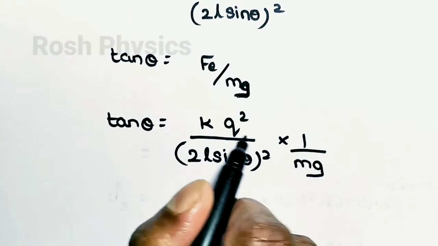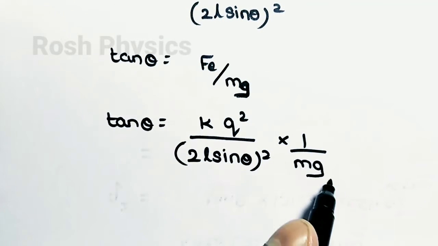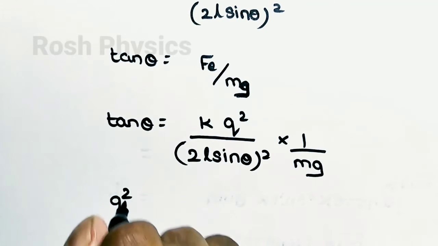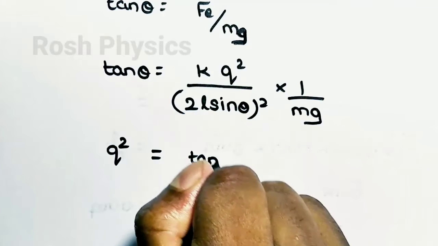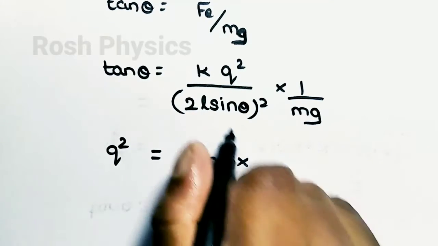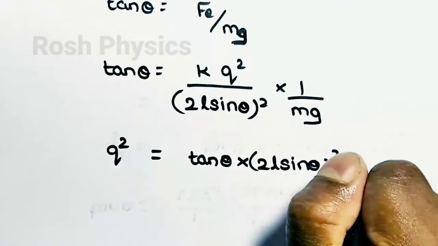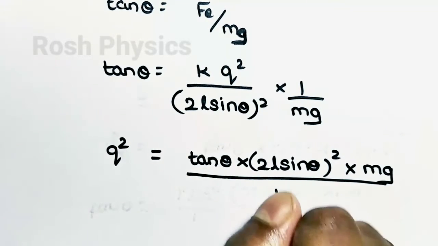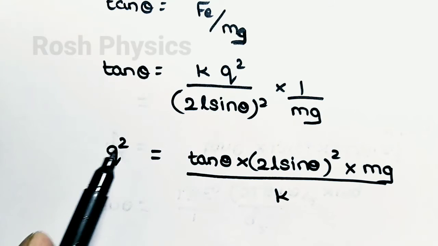I need only q, so I'm taking all those terms to the other side. The value changes into q square equal to tan theta into 2L sin theta the whole square into mg divided by k. The question is to find the magnitude of the charge on the sphere, so I need to find the value of q.